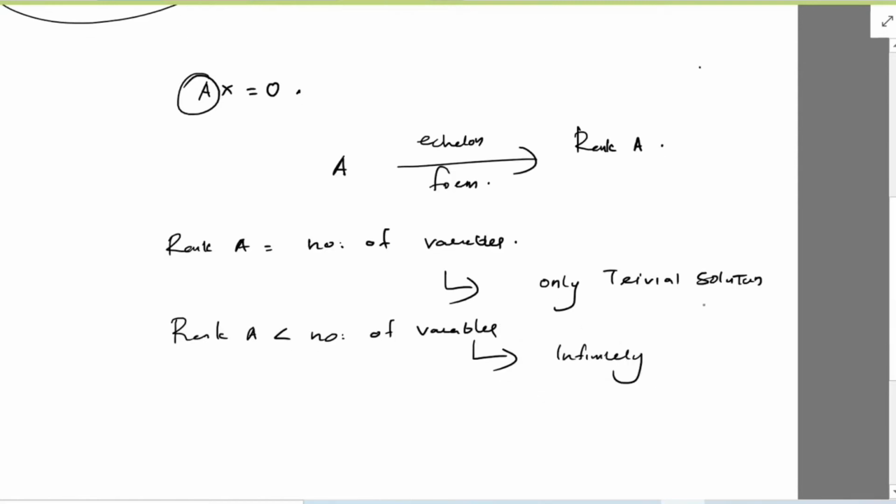So these are the only two possibilities for a homogeneous system: it may have the trivial solution or infinitely many solutions. The trivial solution happens only when the rank of the coefficient matrix is the same as the number of variables. If the rank is less than the number of variables, it has infinitely many solutions.